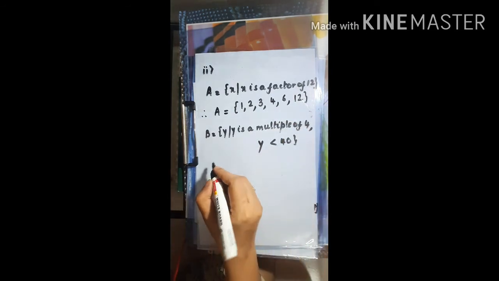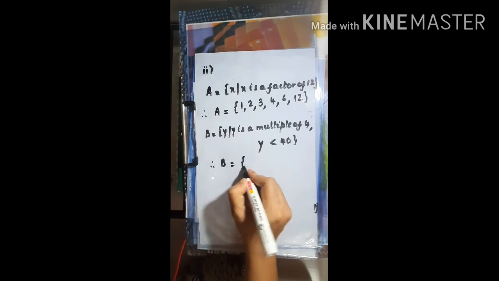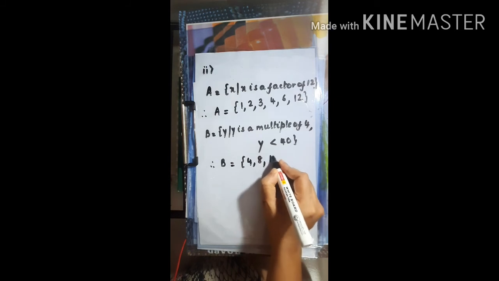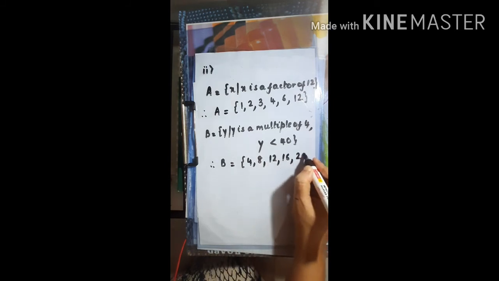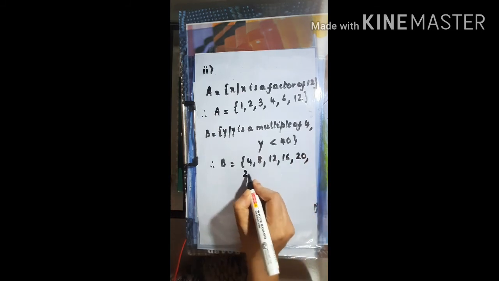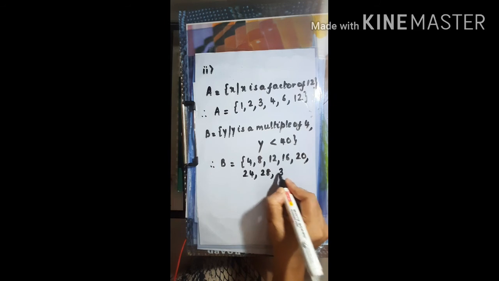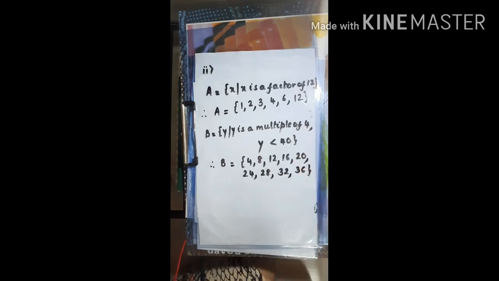Multiples of 4 less than 40, therefore B is equal to, which are the tables of 4? 4, 8, 12, 16, 20, 24, 28, 32 and 36, less than 40.